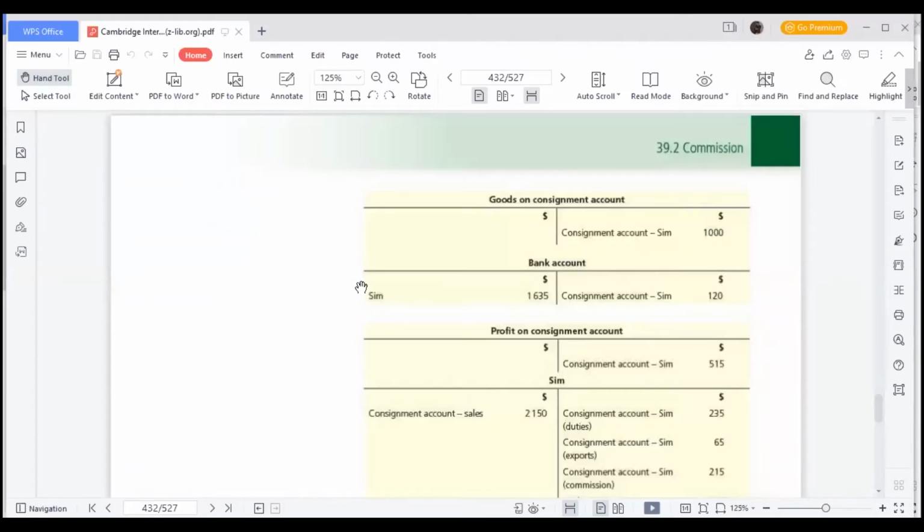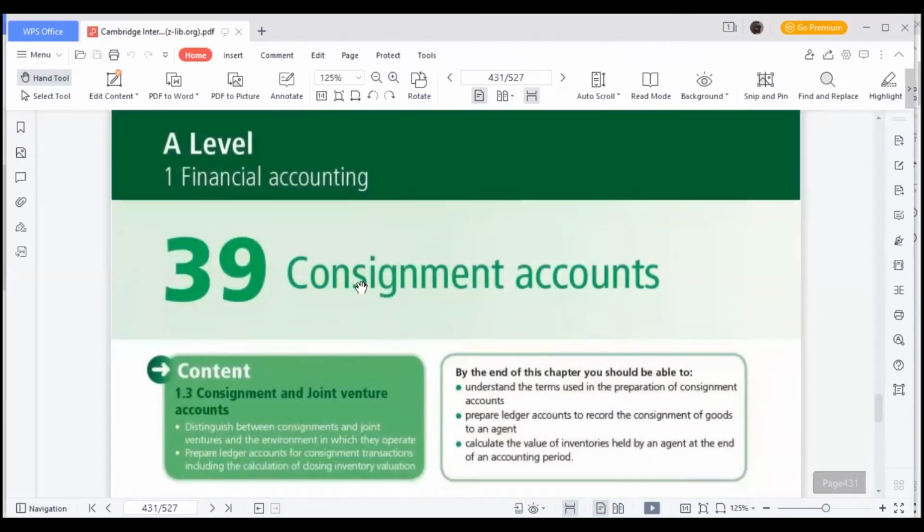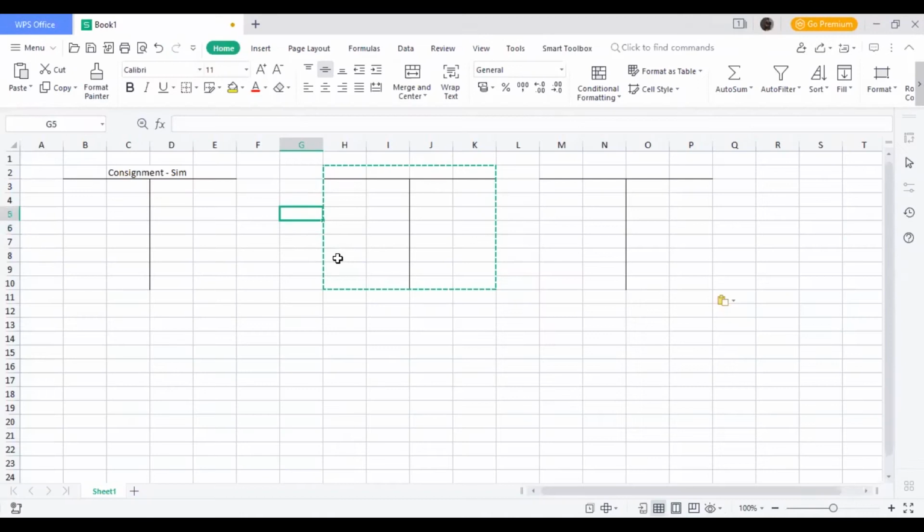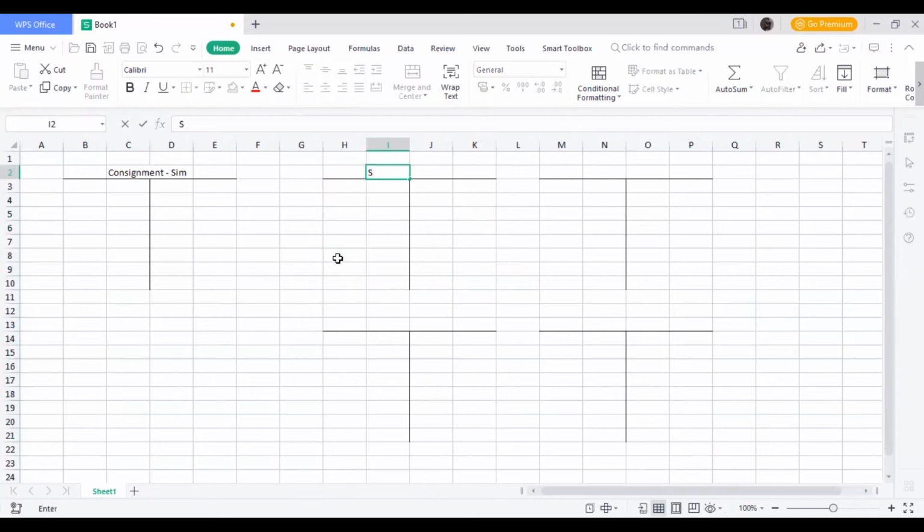Sim, goods on consignment and profit on consignment. So these accounts you need to know to do this. Consignment, Sim account, goods on consignment, profit on consignment, and then we have bank.